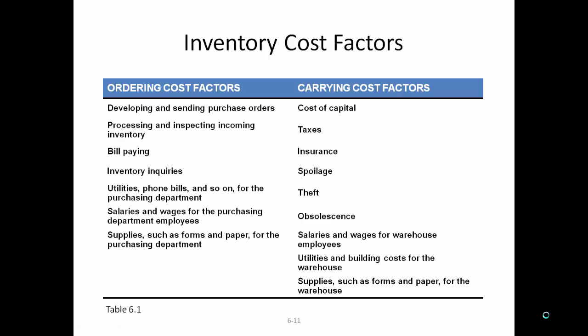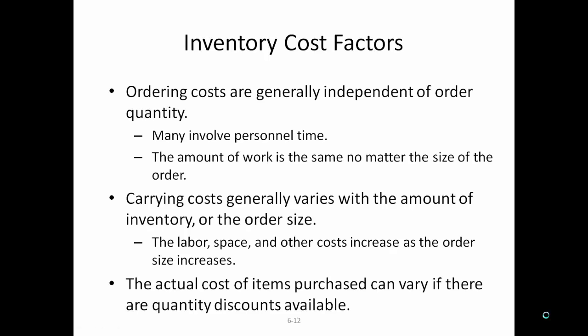So here are inventory cost factors. We have the ordering cost, how much it costs to order, and then we have the cost to carry, in this slide. So we talk about ordering cost, and as I stated before, ordering costs are not necessarily dependent on the quantity that we order, and we have to look at this in each stage.